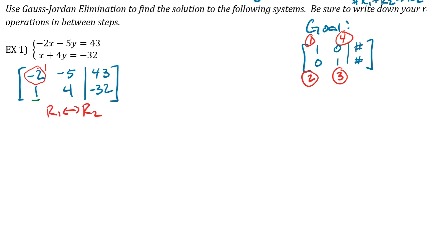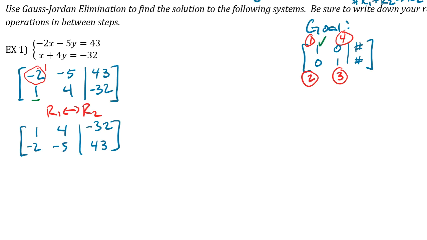So if we go ahead and swap them, it's going to be 1, 4, -32, and then -2, -5, 43. Alright, so that's our first one. We got that one done.